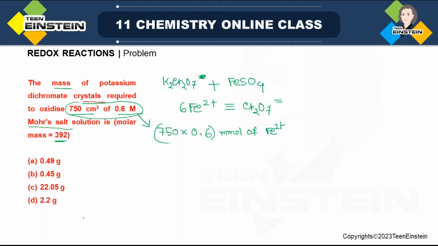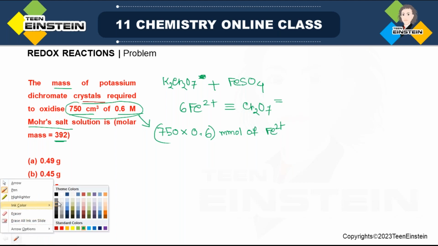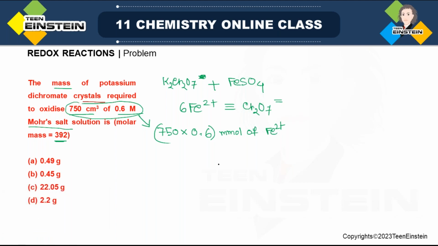But before calculating the molar mass for K2Cr2O7, first we will see the number of millimoles of Cr2O7 that we require. So here 6 moles of Fe2 plus is required to react with 1 mole of Cr2O7.